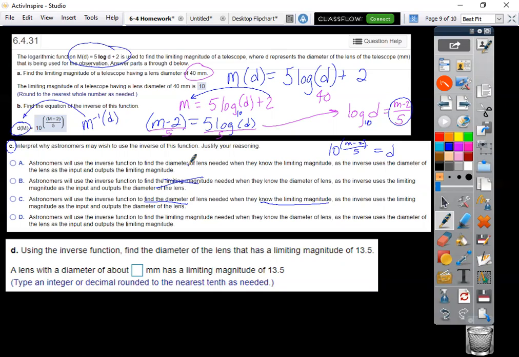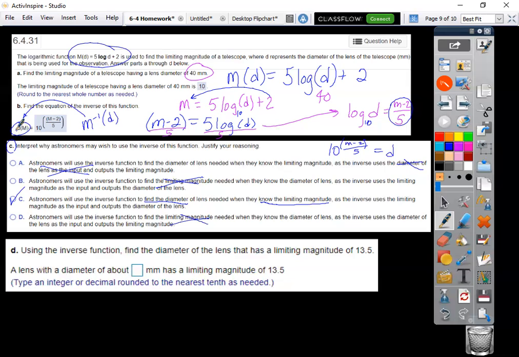What's different here? The lens is needed when they know the limiting magnitude, as the inverse uses the diameter of the lens as the input. No, the magnitude's the input. So the diameter is not the input. And the last one says that the inverse functions to find the magnitude. Again, we're not finding the magnitude, we're finding the diameter. So the correct one on mine is right there. We know the magnitudes, we're putting it into the formula and finding the diameter.